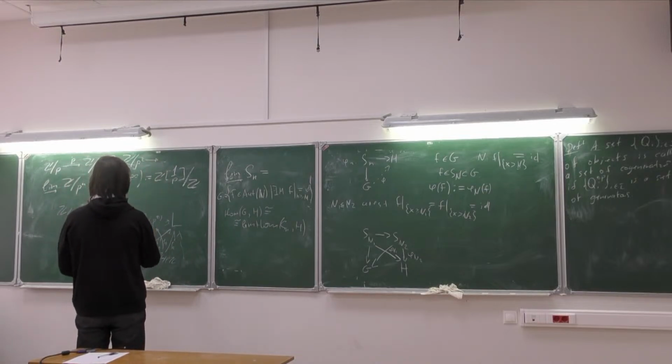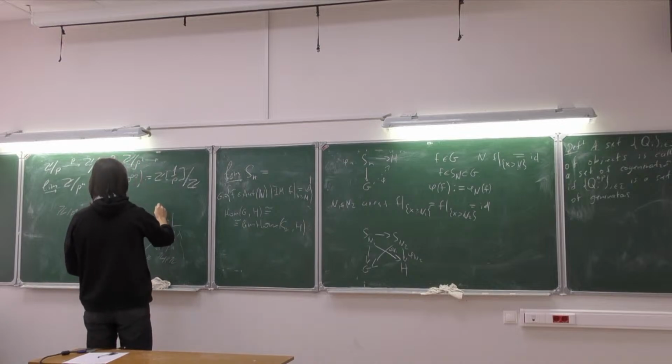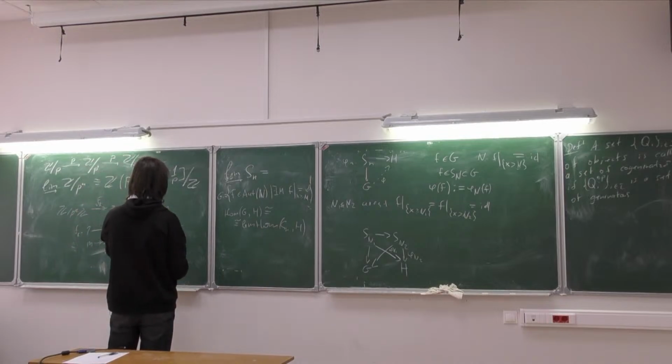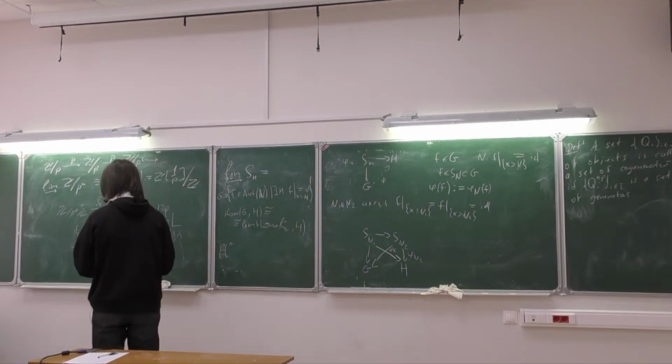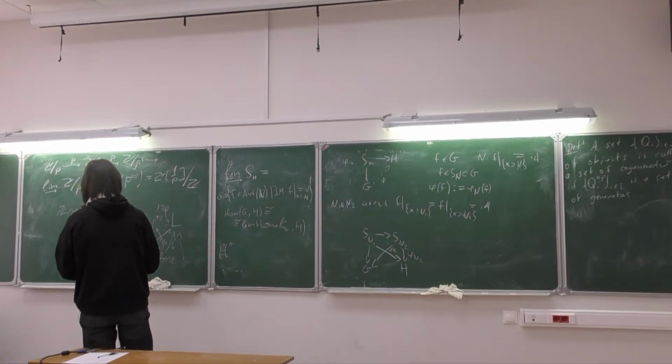So how will I define the morphisms? Is it really a valid notation? One exists and is unique. Okay, this is the other way around.